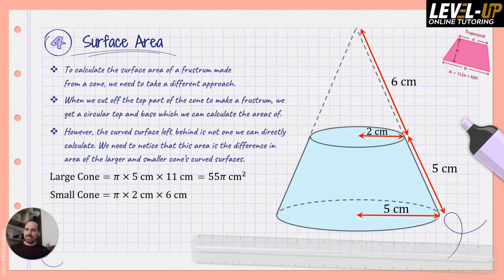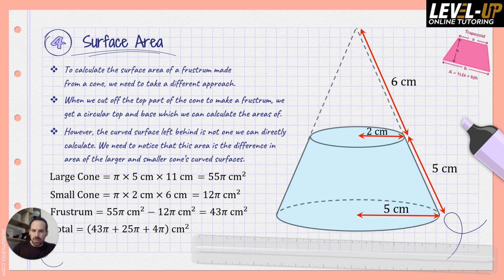The smaller cone on top, the bit that's been chopped off, has a base radius of 2 centimeters and a slant height of 6. So we get pi times 2 times 6, which gets us 12 pi centimeters squared. Therefore the curved area of the frustum is the big one minus the small one, which gets us 43 pi. Now, if it's a closed frustum, we've got the circles on the top and bottom, which typically we will when dealing with frustums.